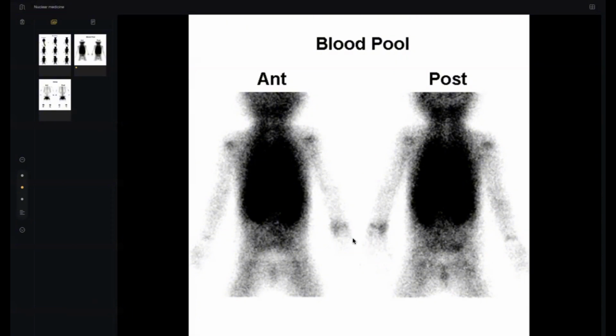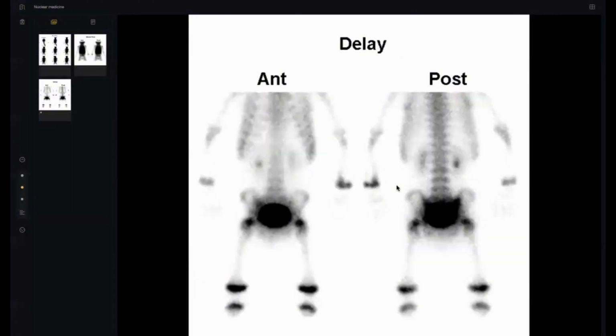This is the right. At least there are some discrepancies between right and left, correct? And then in the delayed phase, there is also a discrepancy.